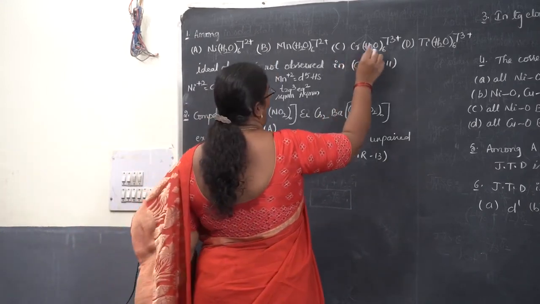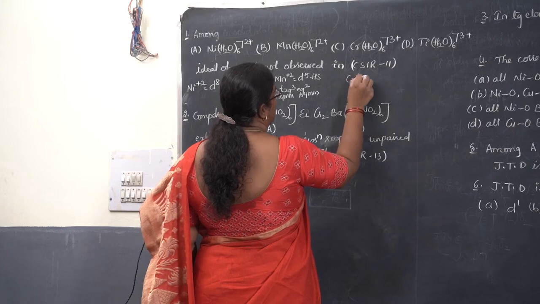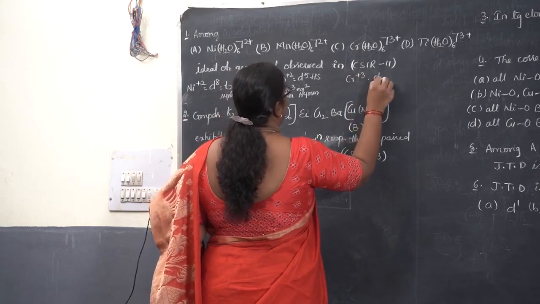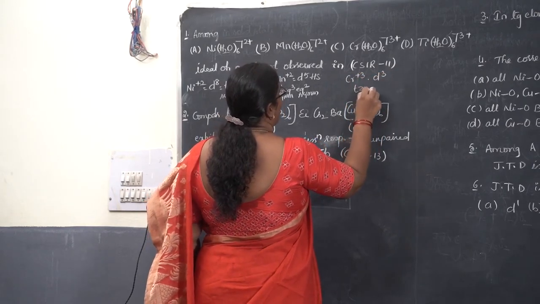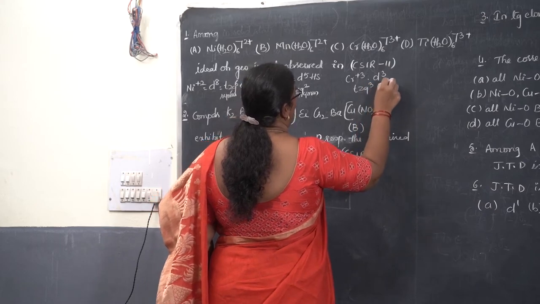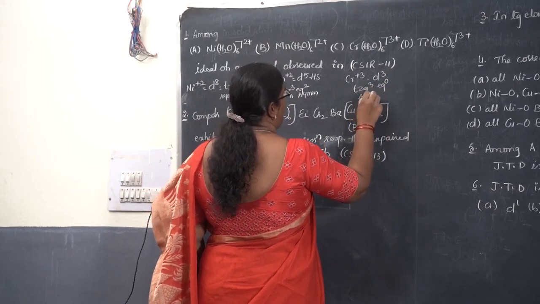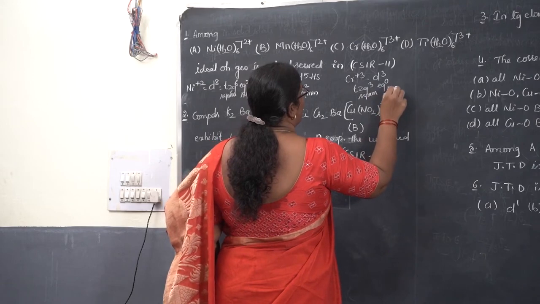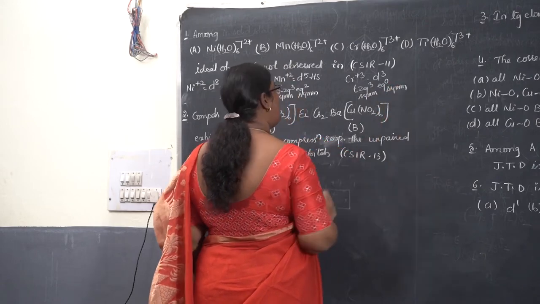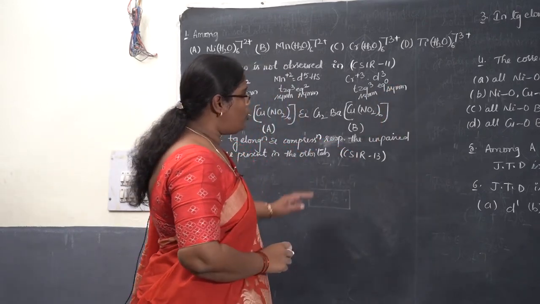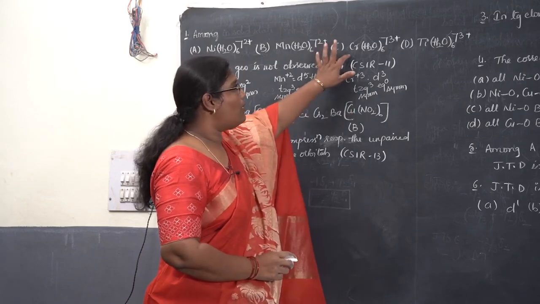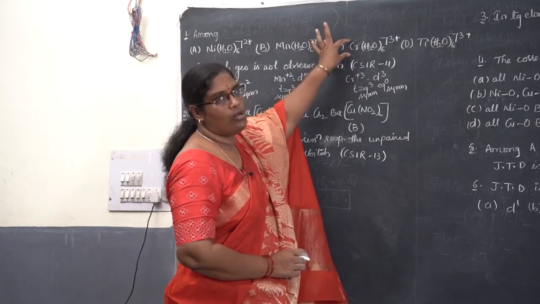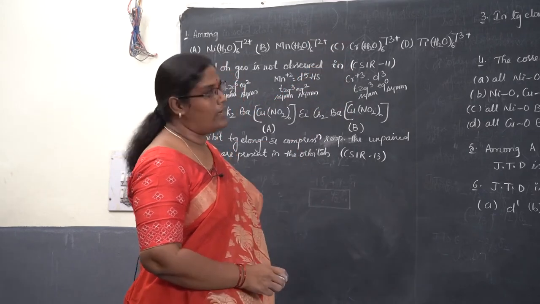Now the third option, it is Cr plus 3. Cr plus 3 is a d3 system. So it is t2g3 eg0. So t2g is symmetric. eg is also symmetric. So there is no distortion in the complex. All the bond lengths are similar. So this is also the ideal octahedral complex.